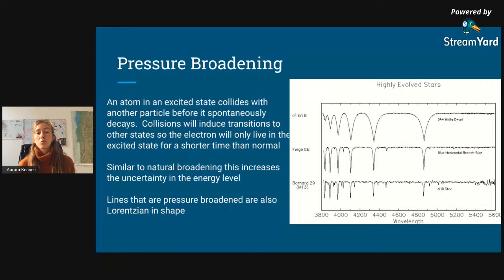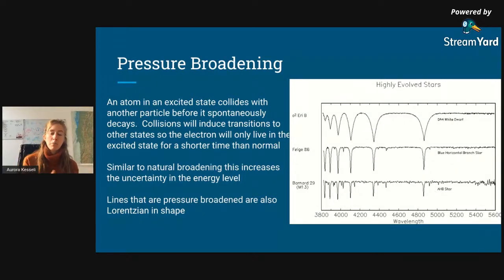Okay, so now pressure broadening is actually a broadening that we can measure in the spectra of stars, and it's related to natural broadening. And so if an atom is in an excited state and it collides with another atom before it spontaneously decays, that collision time will induce a much smaller lifetime.